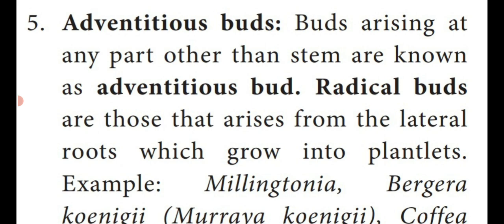The adventitious bud is again divided into radical, foliage and cauline buds. Dear students, I hope you have all understood what the shoot system is, characters of a stem, primary and secondary functions of a stem, and different types of bud. Up to this, I conclude my video.